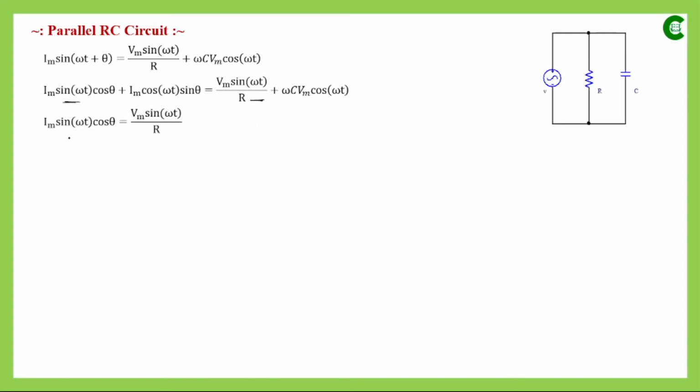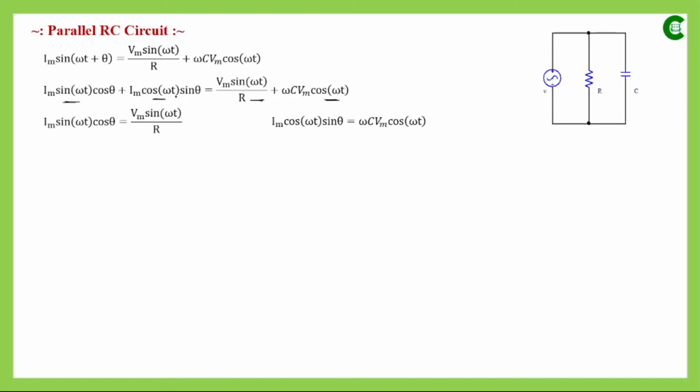So it will be this. From the other terms, here we have one cos omega t term, and on the right side we have another cos omega t term. So if we equate the coefficients, first we write with the like term, including cos omega t, and in the next line we write only the coefficients.